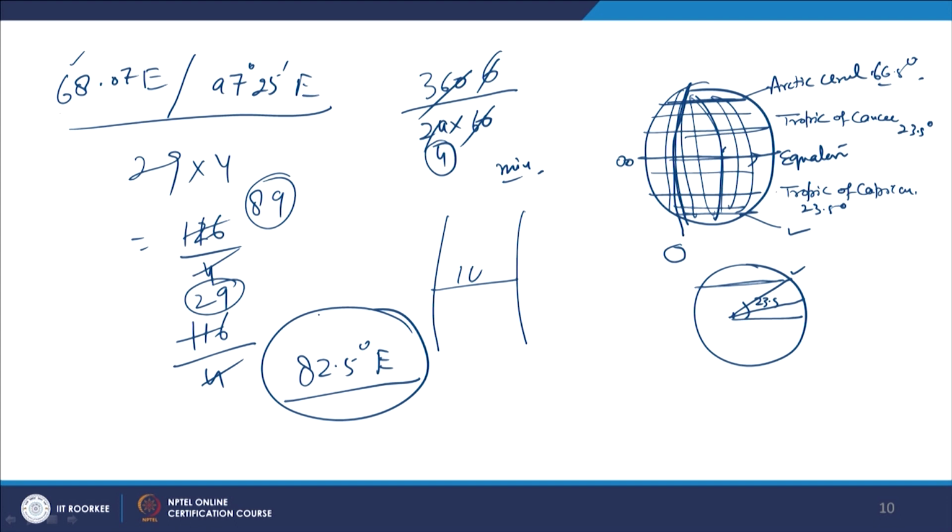If I want to have local time, for example, Roorkee longitude is 77 degrees 53 minutes, right? And let us assume it to be 78 degrees for the sake of convenience.